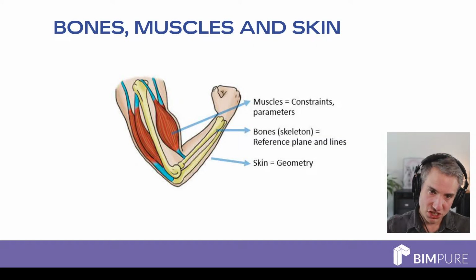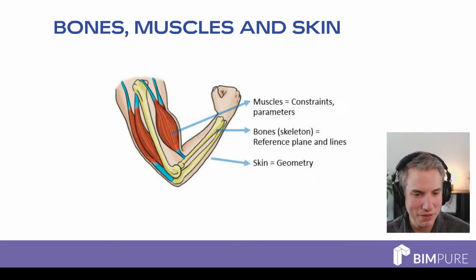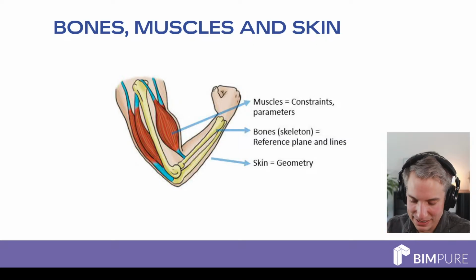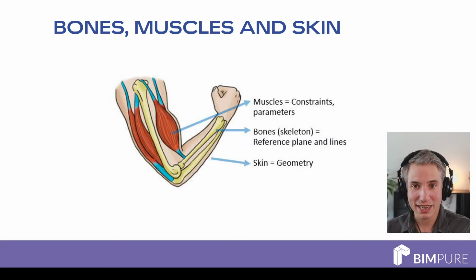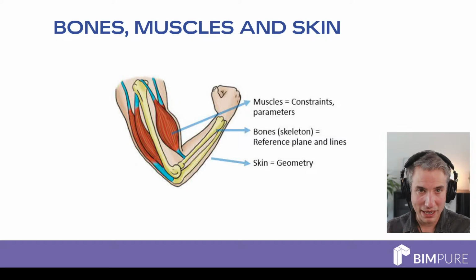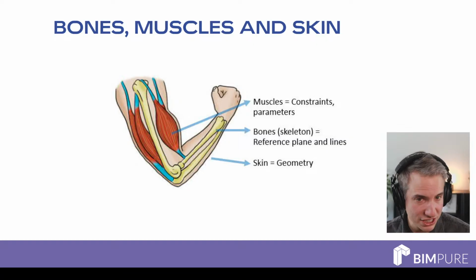And this is an image of the basic principles of families. This is from the Revit OpEd blog, Steve Stafford, and it's a good way to explain families. Revit families are similar to the human body. The muscles are like the constraints and the parameters. The bones, the skeleton, are the reference planes and reference lines, and the skin is like the geometry.